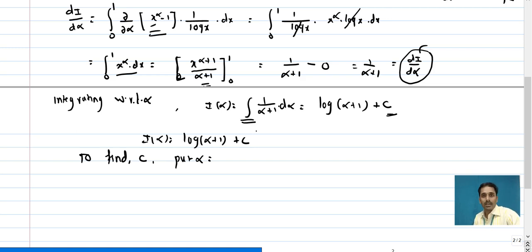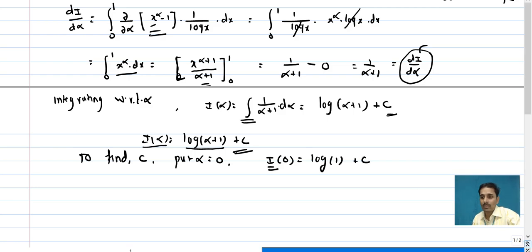Now to find this c, the integral constant, we have to put an appropriate value of alpha, for which I of alpha is obtained and log of alpha plus 1 is easily obtained. So if we put alpha as 0, then we get I of 0 is equal to log of 1, plus c. Now what is I of 0?